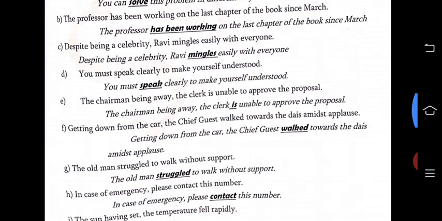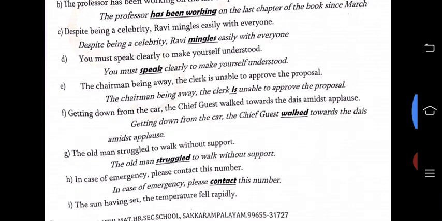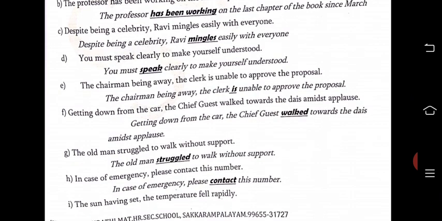The chairman being away, the clerk is unable to approve the proposal. So here, is is related to the finite verb.